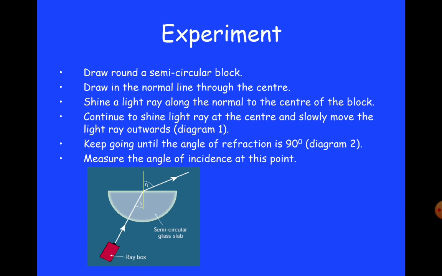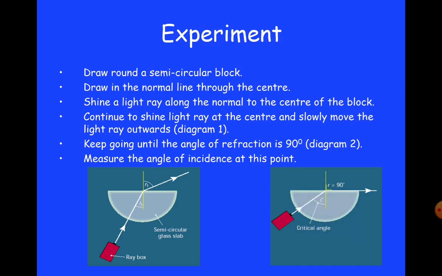And in diagram 1, what we actually do is, by changing the ray box, we change the angle of incidence. Okay, and we're going to increase that angle until the light ray that is coming out will be refracted at an angle of 90 degrees. So that's in this case.